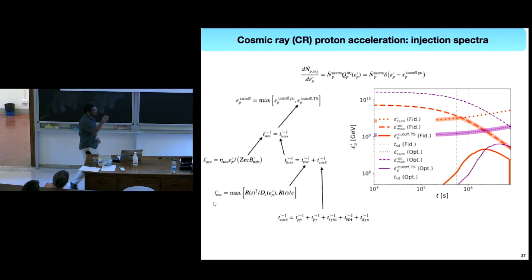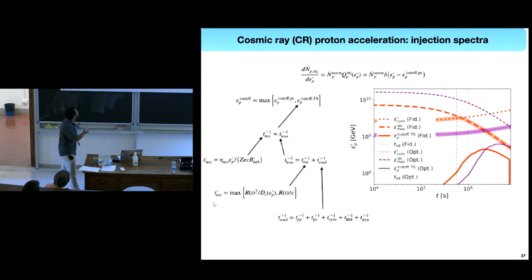So we sort of finished off with the polar cap acceleration. Let's talk about the termination shock. In that case, there are two things that are associated. You have to balance the rate of acceleration with the rate of energy loss. The rate of acceleration is, once again, a coefficient pulled out from particle-in-cell simulations. The rate of energy loss depends on the escape of your protons because they diffuse out of your system, and also the cooling time scales that are associated.